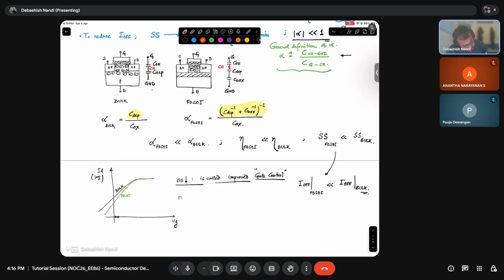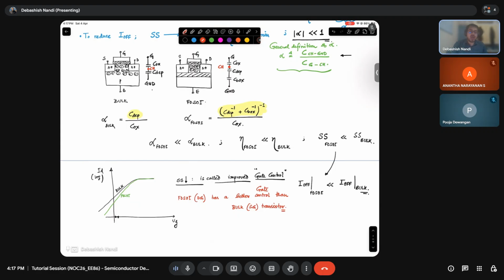So FDSOI or double gate structure has better, the term is gate control, than bulk or single gate transistor.